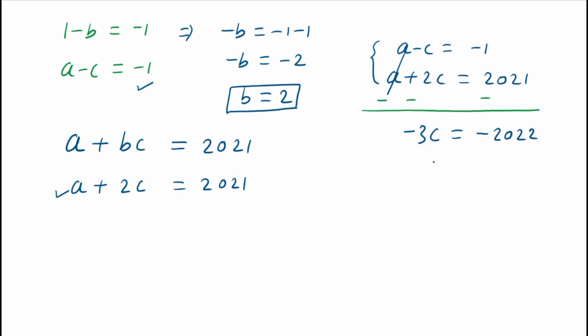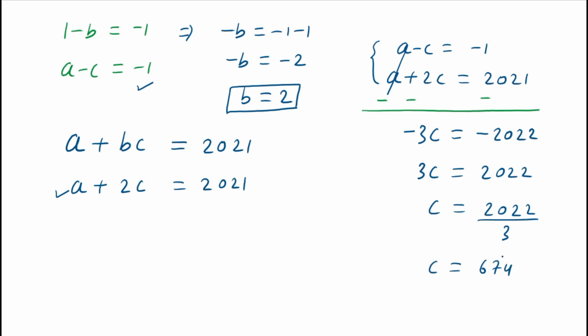Now if we multiply both sides by negative 1, you will get 3c equals 2022. If we divide both sides by 3, then the value of c is 2022 divided by 3.